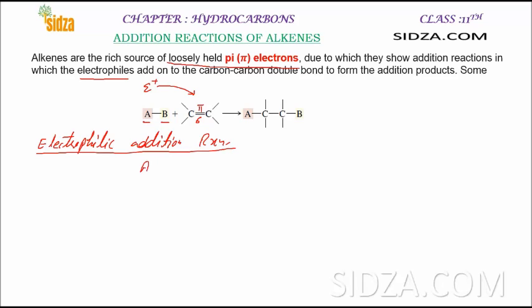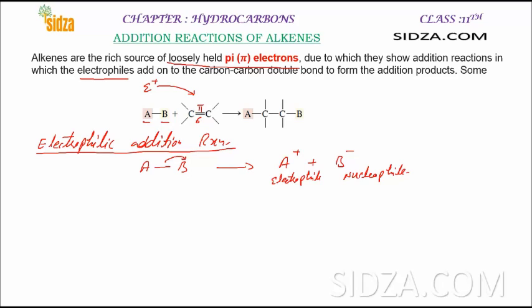First, the reagent AB will dissociate into an electrophile and a nucleophile by heterolytic bond fission. Suppose here both electrons shift towards the atom B, and you get an electrophile A plus and a nucleophile B negative.